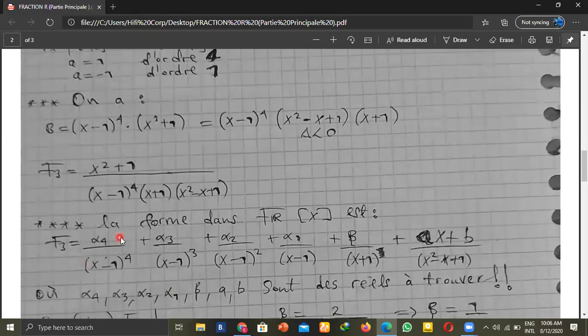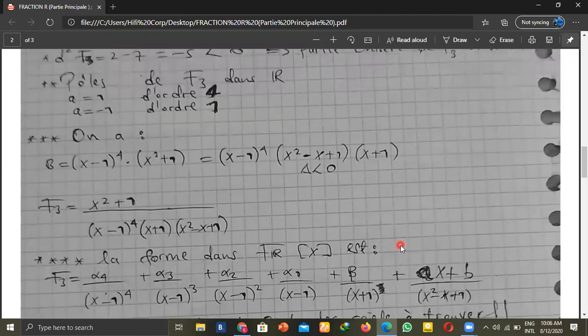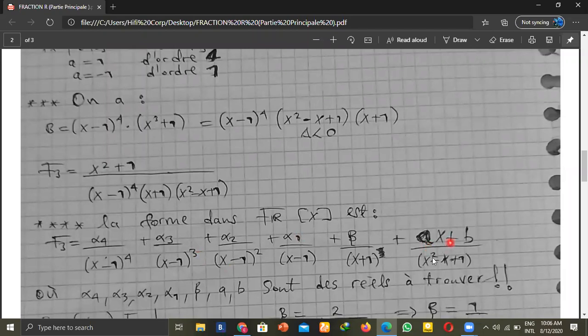F3 will be equal to lambda 4 over x minus 1 puissance 4 plus lambda 3 over x minus 1 puissance 3, and so on. The powers will be dropping. So which one is our partie principale? Which one can we use the theorem on, the partie principale? Then we've got beta over x plus 1. Then here we have ax plus b over x squared minus x plus 1.